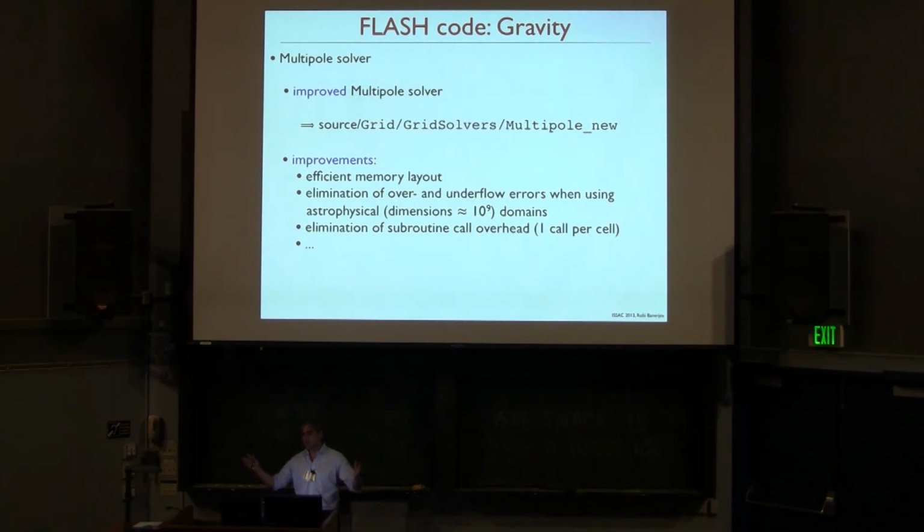Meaning if you simulate a typical astronomical object, we are talking about at least 10 to the 13 centimeters for an astronomical unit. And there seems to be an issue if you use large numbers with the original version of the multipole solver. Can't say much to this. The new implementation also seems to be more efficient in when it calls a subroutine, so it calls a subroutine only once per cell instead of many times. So essentially it should be faster and more accurate. That's the message here.